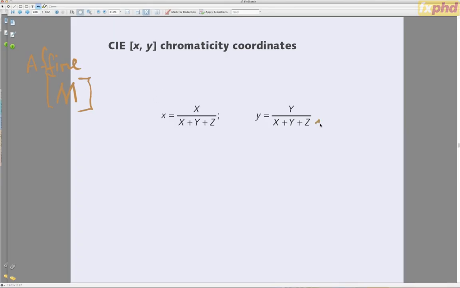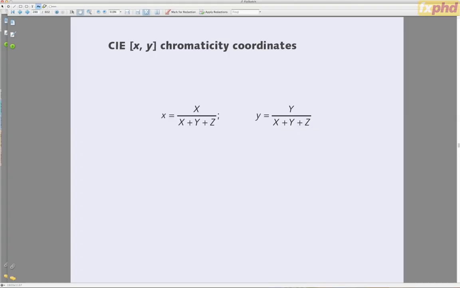This transform, because it's got this division operation, is called projective. And it is very much the same mathematics that's used to make a 3D perspective projection. So that's the transform to little x and little y.